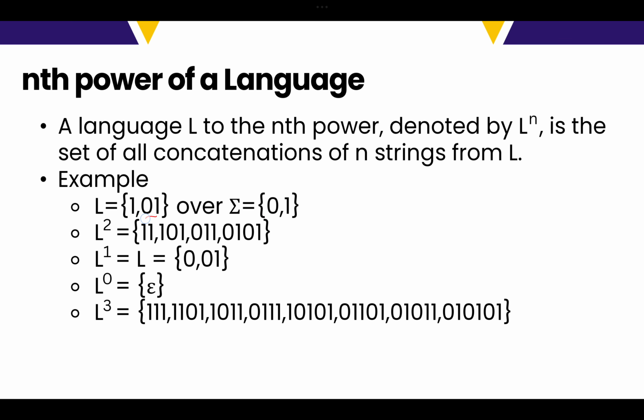0, 1. Kanina po, gikan, then 1. So, mao ni siya. Then, 0, 1. Balik iyang self. So, mao na siya. Basta kay kaduha ka mukuha gikan diri sa imong language, since 2 man nga power. Kay concatenations of n strings.